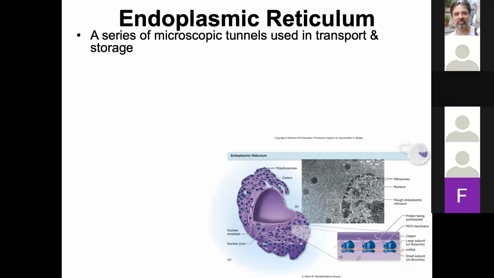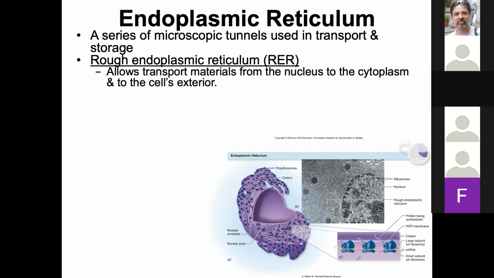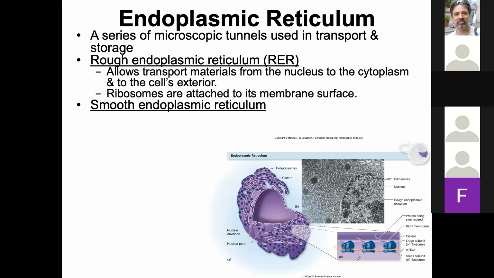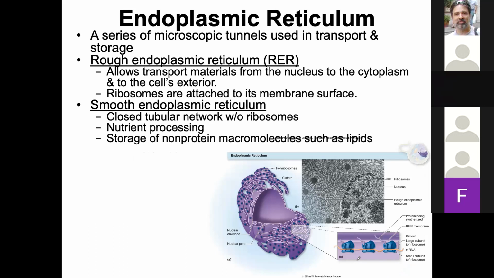Okay, the endoplasmic reticulum is a series of tunnels, membranous tunnels, that transport materials from one location to another. The rough endoplasmic reticulum is where secreted and membrane proteins are manufactured.